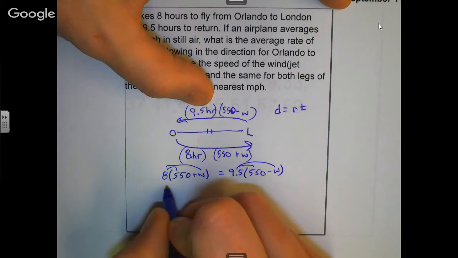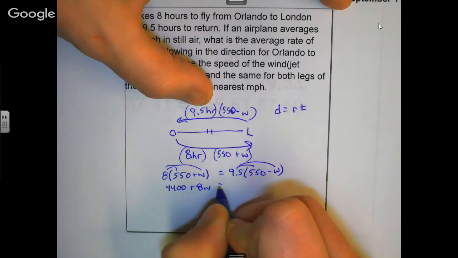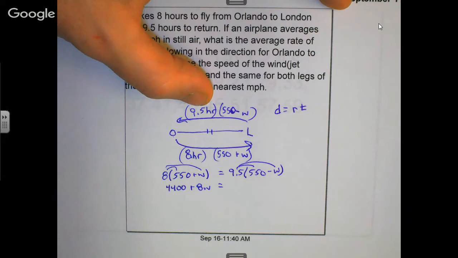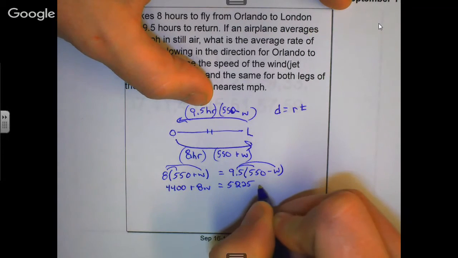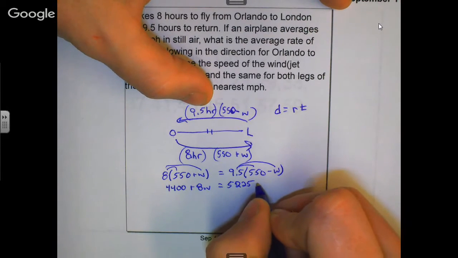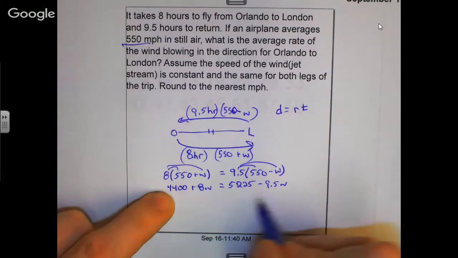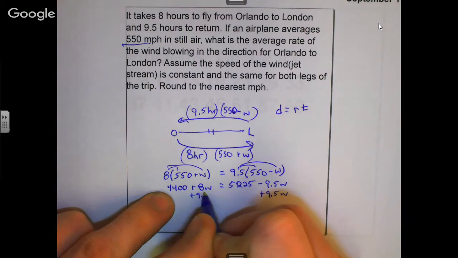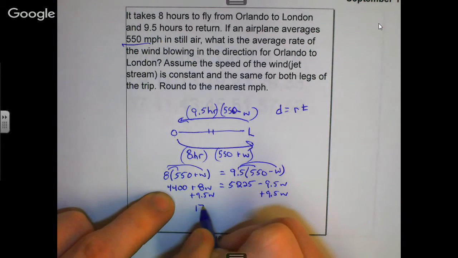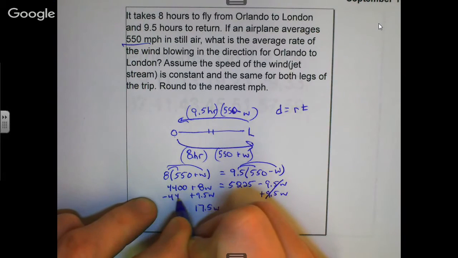So I have 4,400 plus 8W equals 5225 minus 9.5W. So then we will add 9.5W to both sides, giving 17.5W, and we'll subtract 4,400.